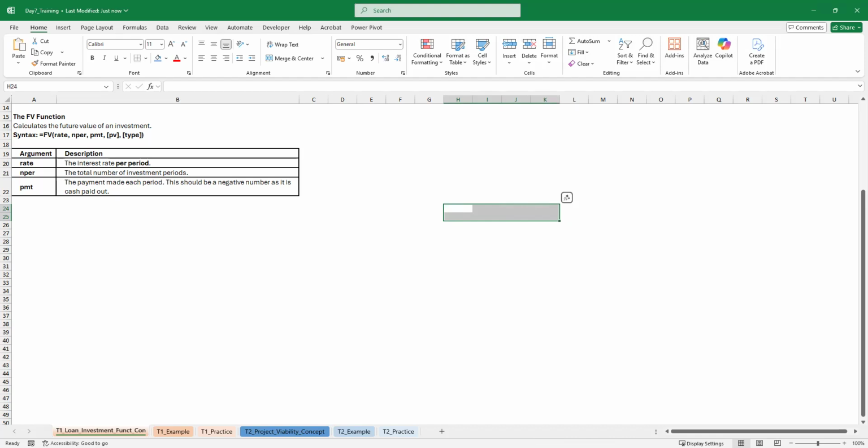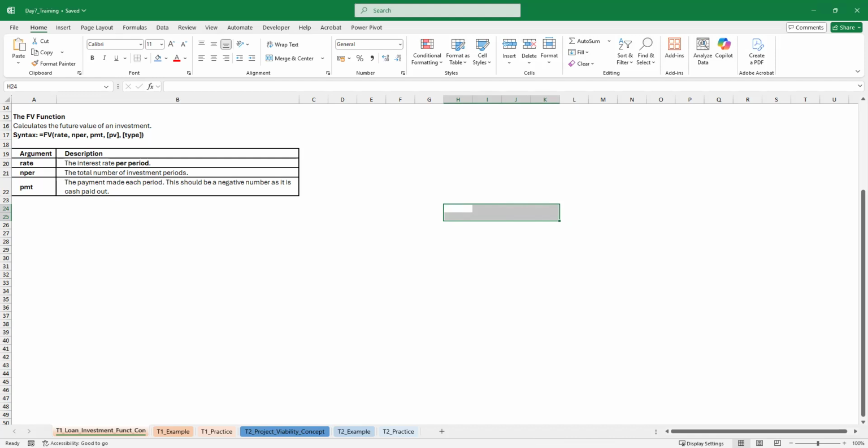Okay. So we will explore two categories of functions today. The first one is for loans and investments, which is PMT, which calculates the payment for a loan. And also we will talk about FV, the future value, which calculates the future value of an investment.